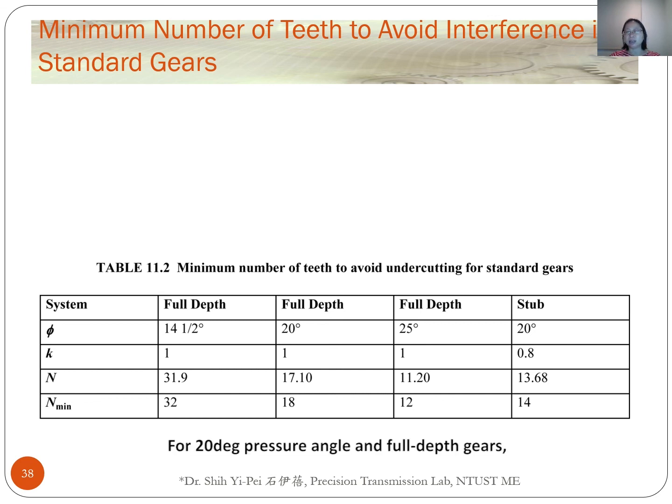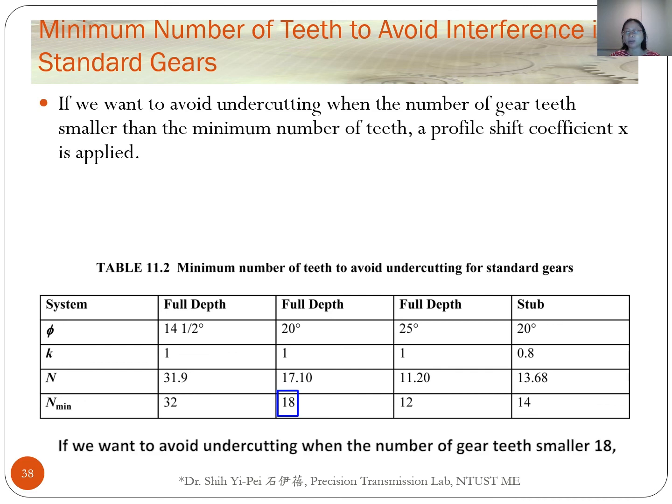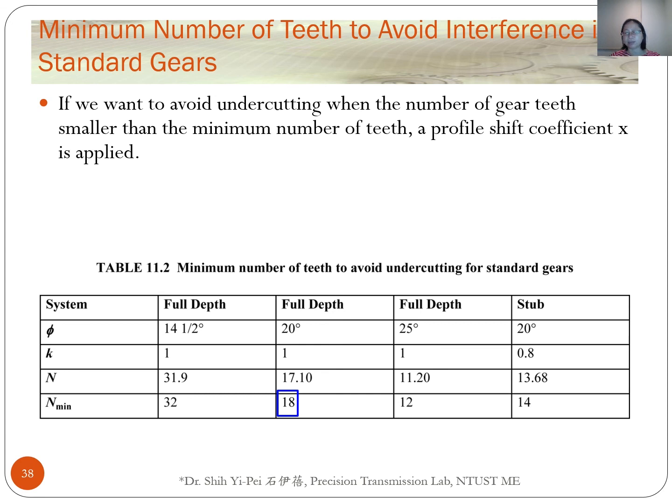For a 20 degree pressure angle and full depth gears, the minimal number of teeth to avoid undercutting is equal to 18. If we want to avoid undercutting when the number of gear teeth is smaller than 18, a profile shift coefficient X is applied.